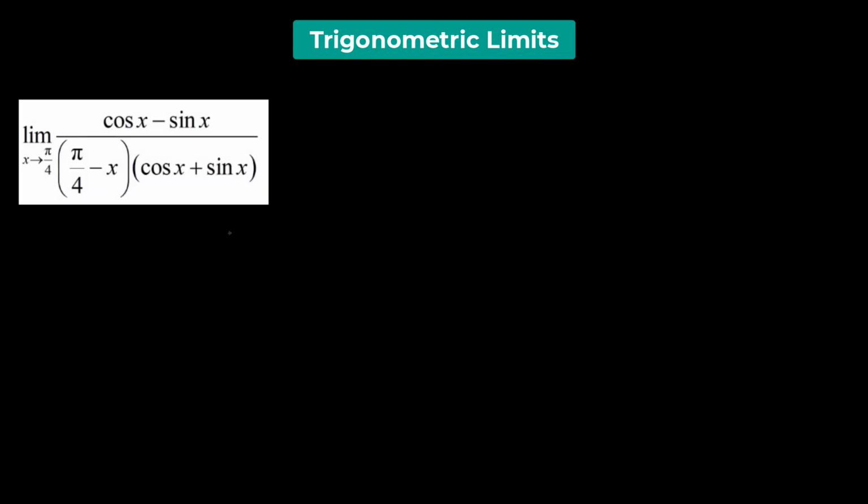So we need to determine the limiting value of the given function when x approaches pi over 4. So we change the limit, so we have limit h tending to 0.